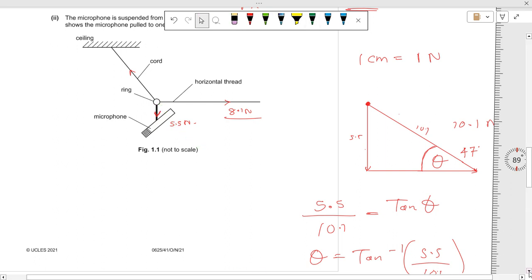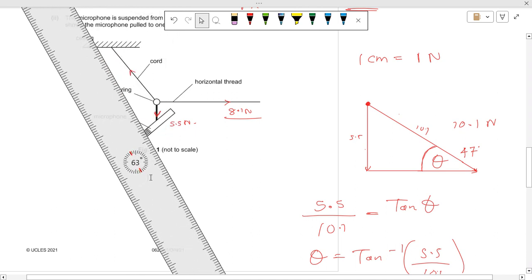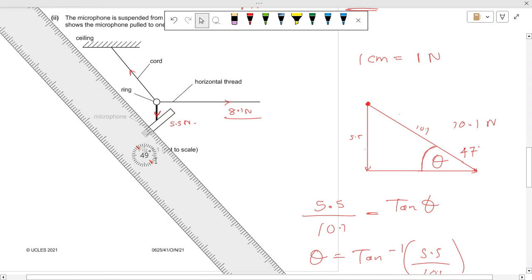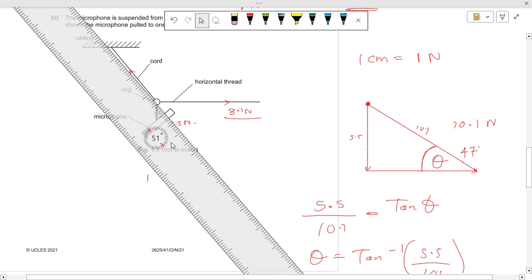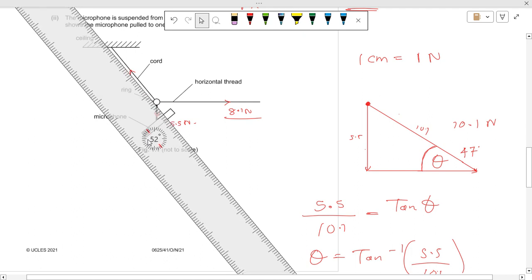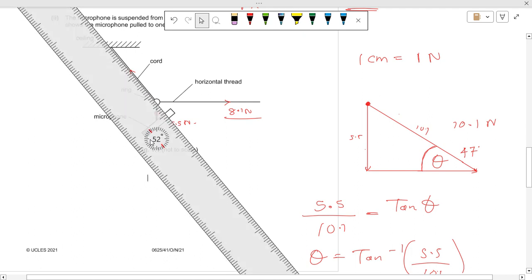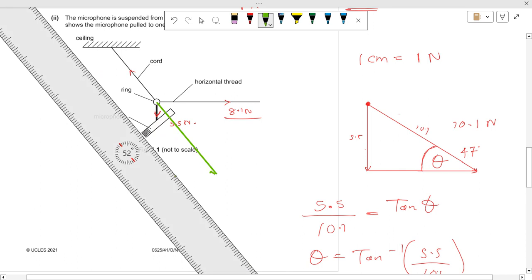Use the ruler. But here it's 52 degrees from the horizontal. So the resultant force is here.